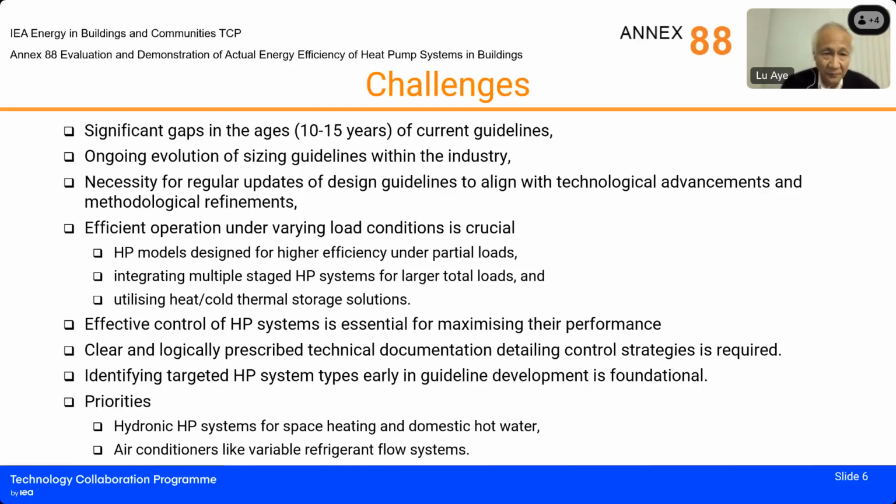Different compressors might provide different part load efficiency. And also we don't want to oversize our system for the initial investment. So we need to think about the part load efficiency and then the initial capacity that we should be selecting.